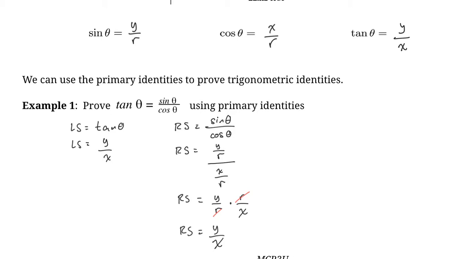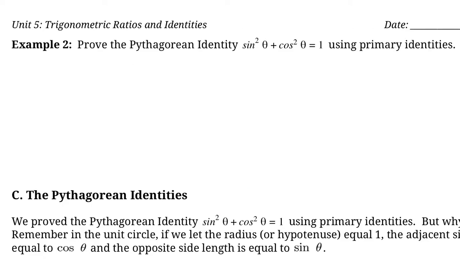The left side is also equal to y over x. So our left side is equal to the right side. And that's what we want to prove. So this just means that this trig identity is true. And we're done.